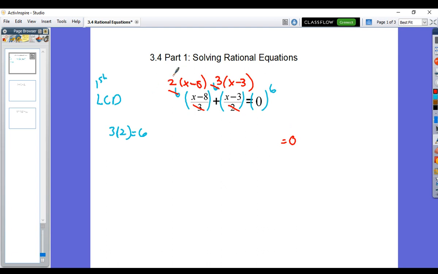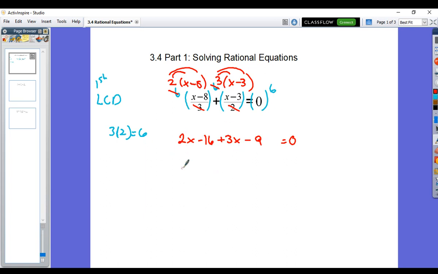In doing so, we go ahead and multiply that, so that distributes. 2 times x is 2x. 2 times negative 8, negative 16. 3 times x is positive 3x, and then 3 times a negative 3 is a negative 9. All right, so now it's a little bit more simplified, and then just go ahead and solve the equation by combining like terms.